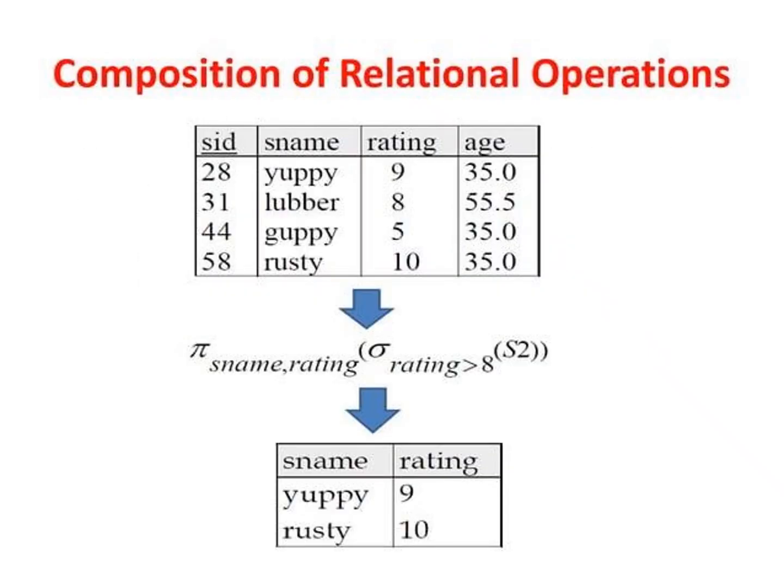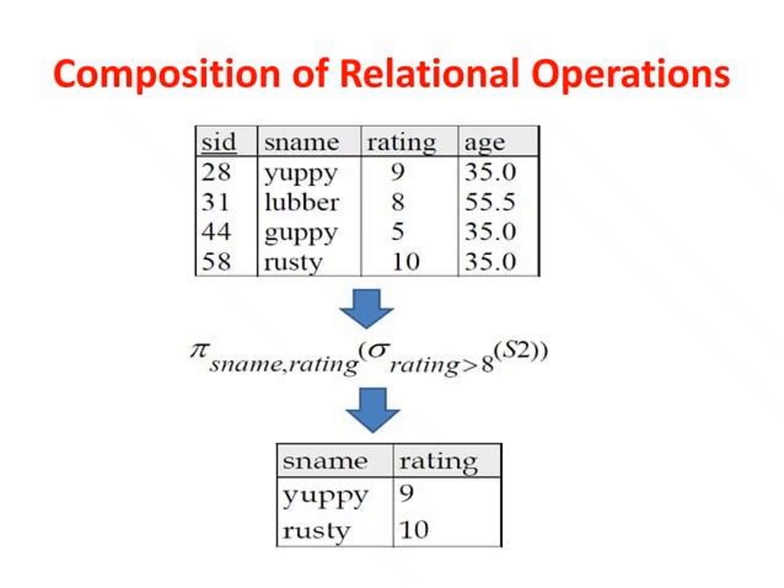Composition of relational operations. We can also use the projection and selection operations in the same query. Imagine the table SID, SNAME, rating and age with four rows. You have to use the projection and selection operations: projection of SNAME, rating, with the selection rating greater than 8.